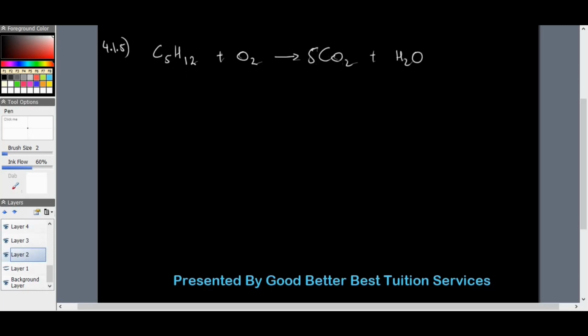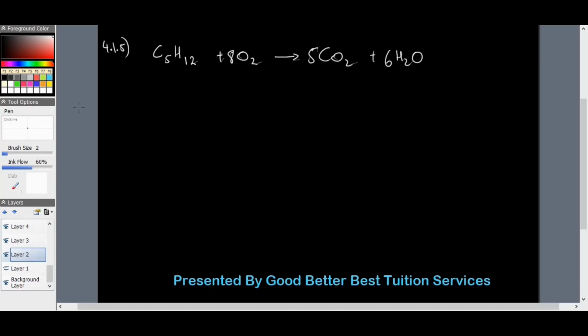Now let's balance my hydrogens. 6 times 2 is 12, so I've balanced that. Now the oxygens: 5 times 2 is 10, plus 6 times 1 is 6, so that's 16. An 8 goes in front there, that's 16 oxygens.